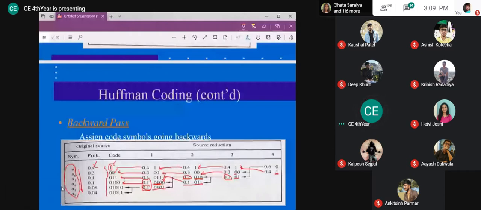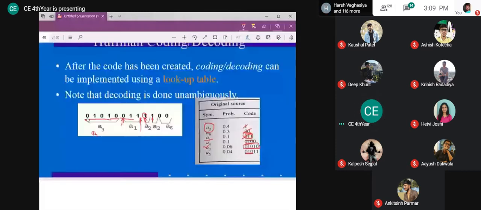But another problem with this code is what? Suppose this 0 changes to 1. This is possible while retrieving it from memory, because of bad memory issues, or because of channel noise while transmitting. Suppose this 0 alters to 1. So what will happen? This one will be treated as a separate symbol, A2. A simple 1-bit error occurred, and that is very common.